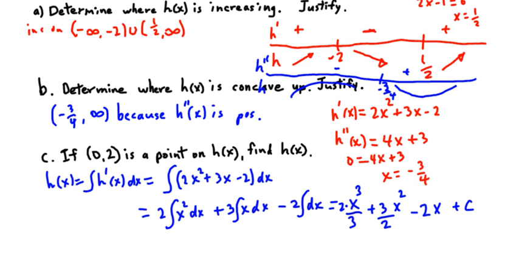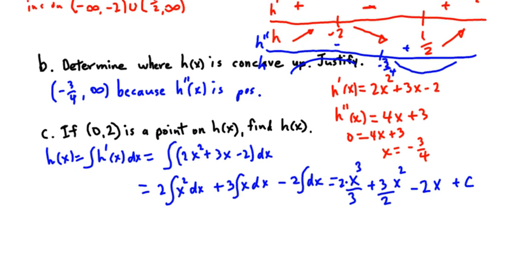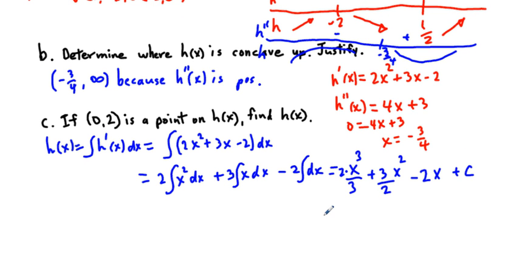And so if we go ahead and plug in (0, 2), we have 2 equals 0 plus 0 minus 0 plus c. So 2 equals c.